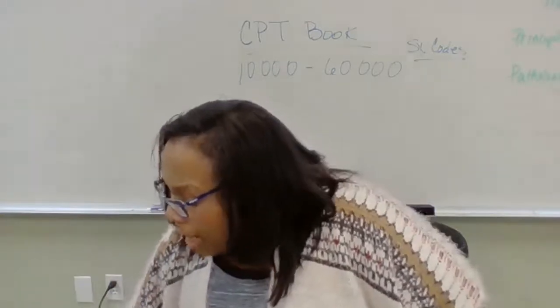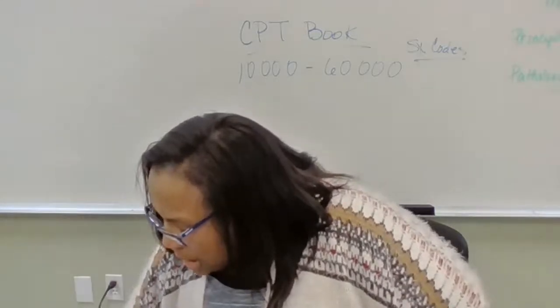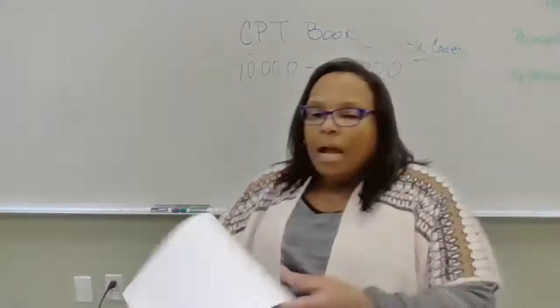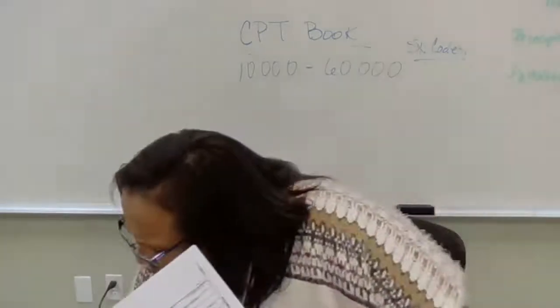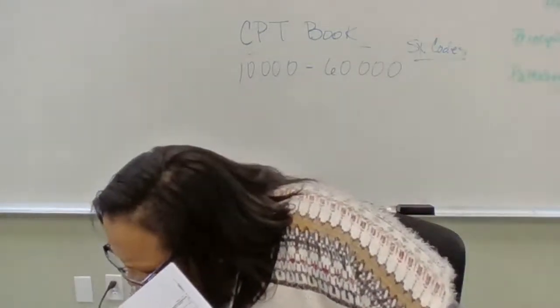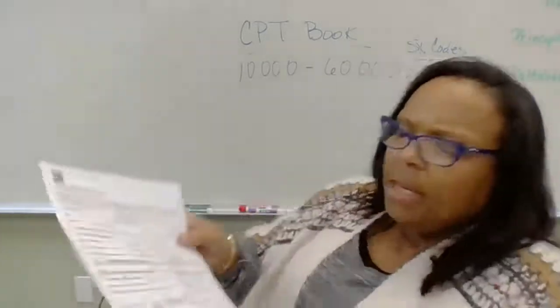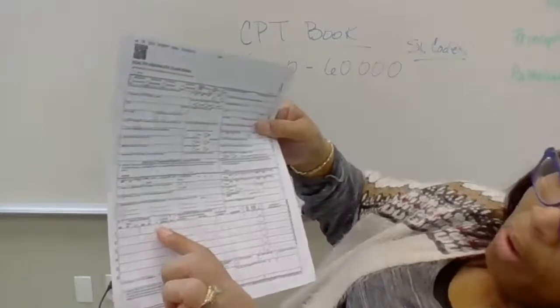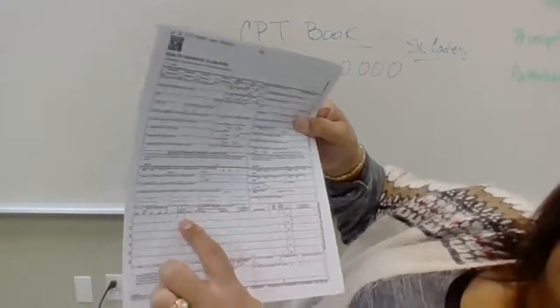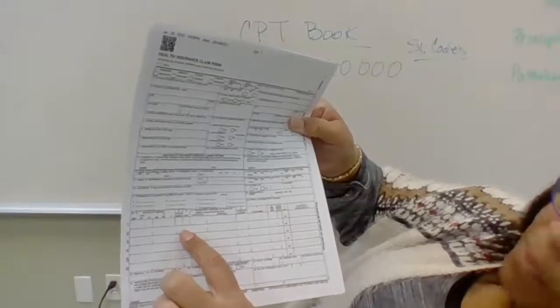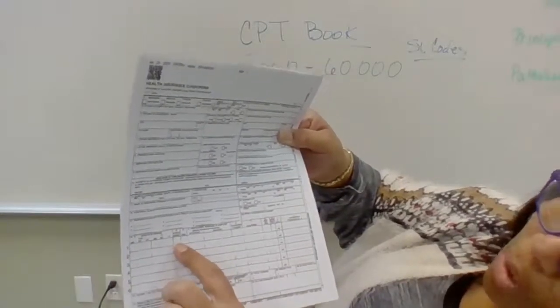All right, now let's go back to the CMS 1500 form, y'all. For this particular date of service, May 17, right here where it says place of service code, you're going to put 21.